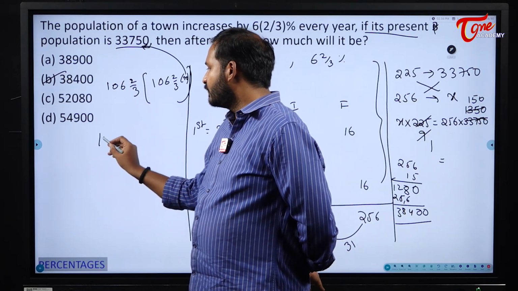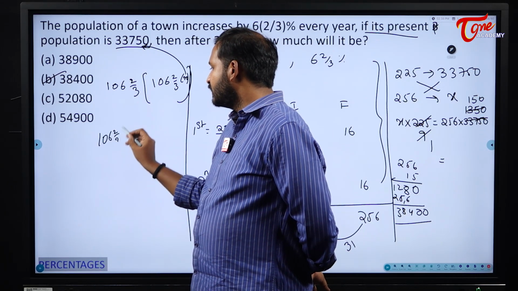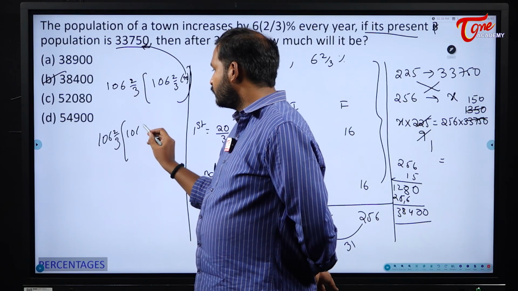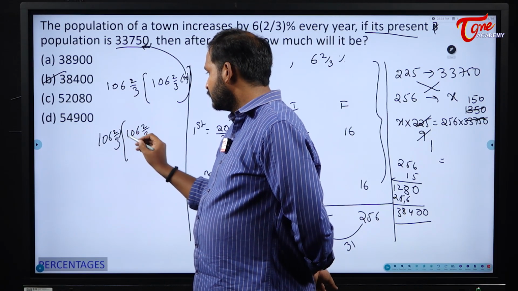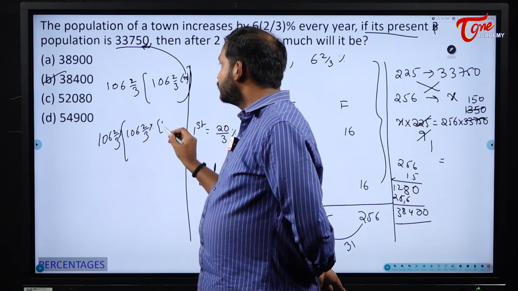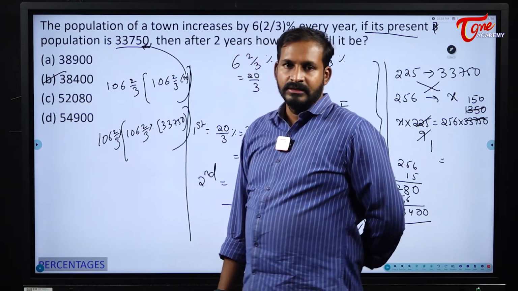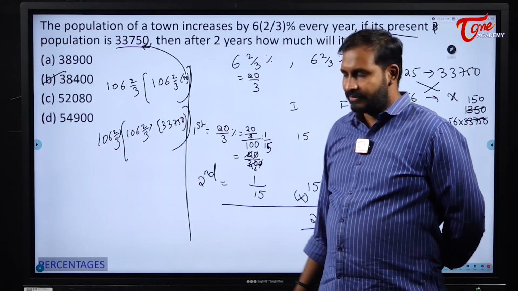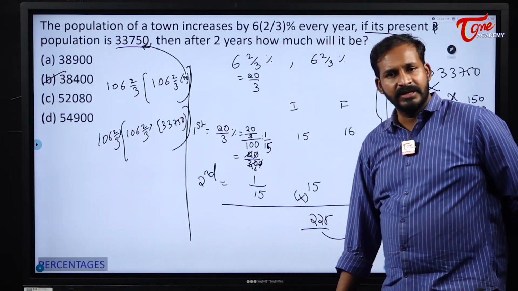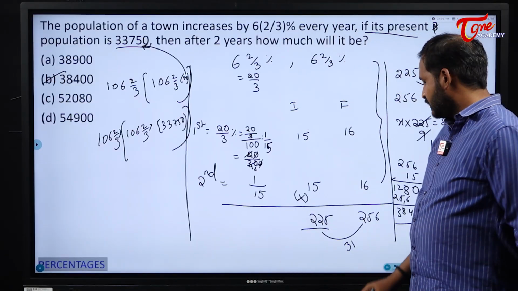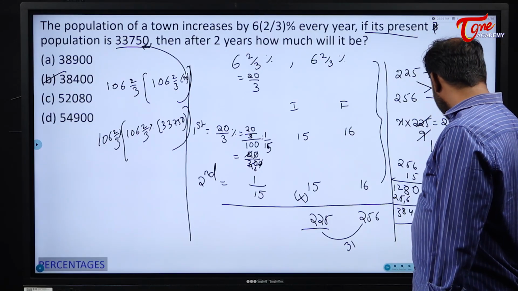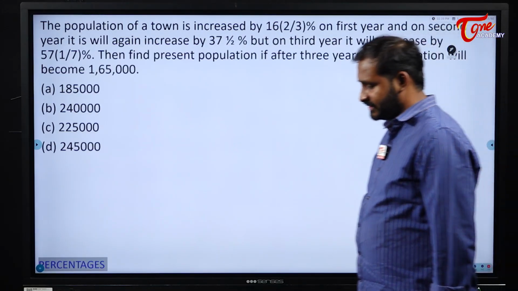So usually what people will do is 106 2 by 3 percent into 106 2 by 3 percent of 33750. This is the general or the traditional method, but if you understand this concept, it definitely becomes easy. So we are going to solve the problems by using this method. Next one.